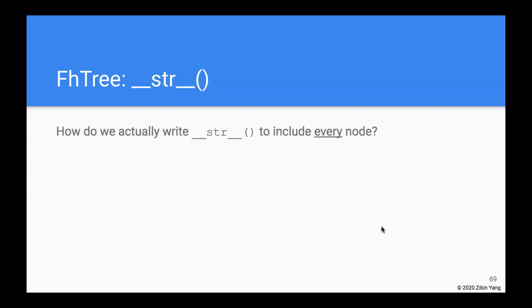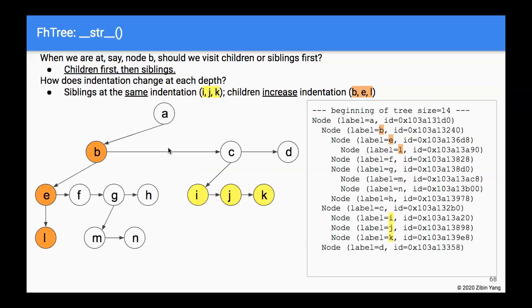Going back to the picture we had earlier, we can see first that the deeper a node is in the tree, the further it is indented. For example, the node L is the deepest in this tree, and it is the most indented in the string output, along with the M and N nodes.